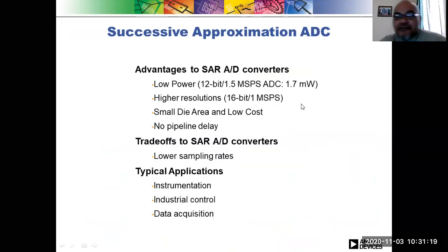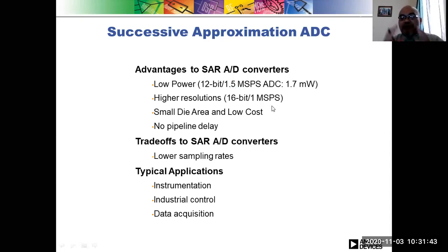The advantage of successive approximation is it is low power. For 12-bit with 1.5 megasamples per second ADC, it requires only 1.7 milliwatt. And it has higher resolution, up to 16-bit for 1 megasample per second.